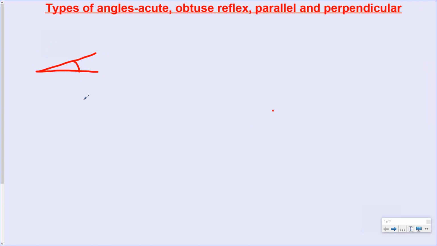Now, if we then have an angle like this, and then we extend it, we move the lines so it's now up to this point, we say this angle is a right angle. So we've got the acute, very acute, small one, and the right angle.